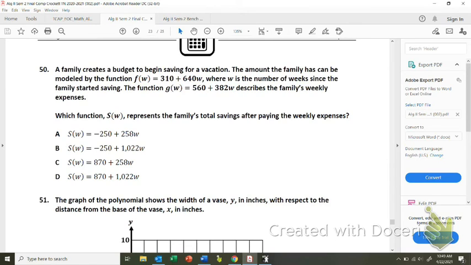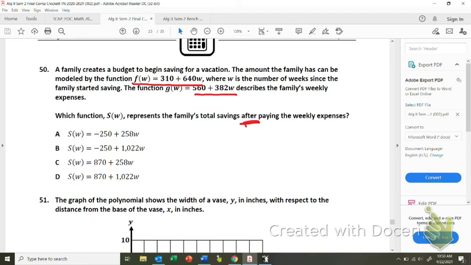All right, on number 50, it says a family creates a budget to begin saving for a vacation. The amount the family has can be modeled by the function f of w equals 310 plus 640w, where w is the number of weeks since the family started saving. The function g of w equals 560 plus 382w describes the family's weekly expenses. Which function represents the total savings after paying the weekly expenses?